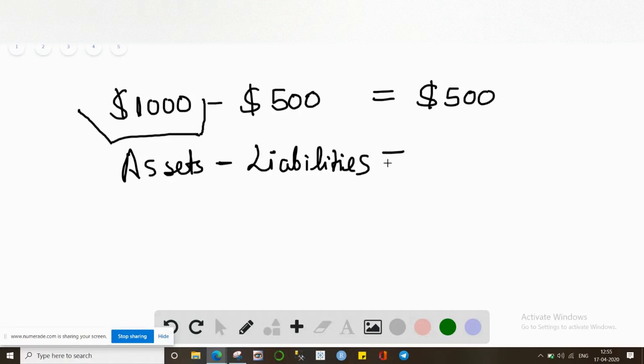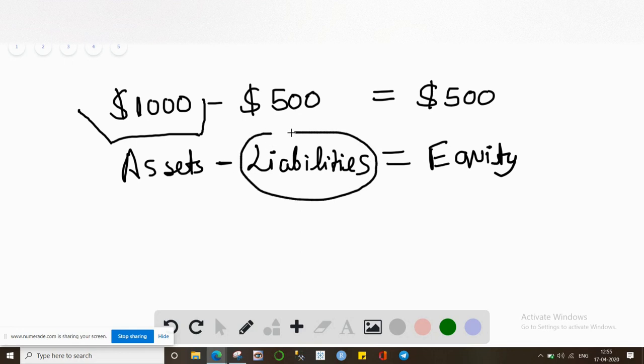So that is the equity portion, what does it denote? It denotes the amount that is attributable to a business person out of his business when all the liabilities are paid off from the assets.